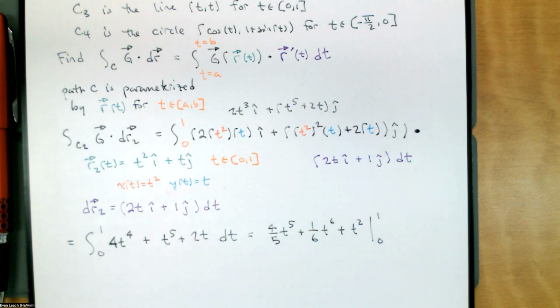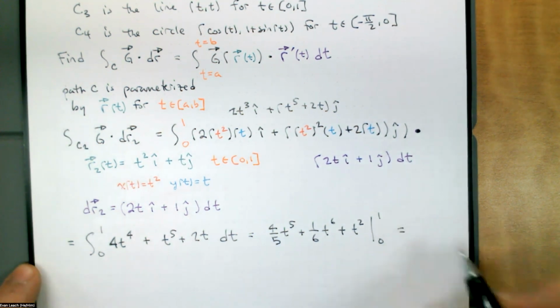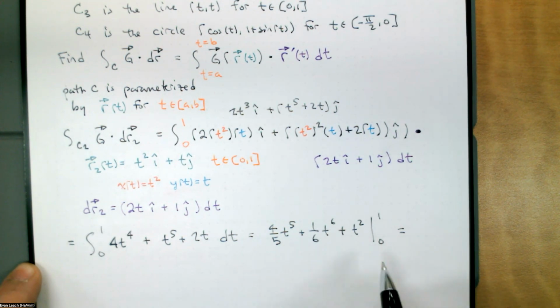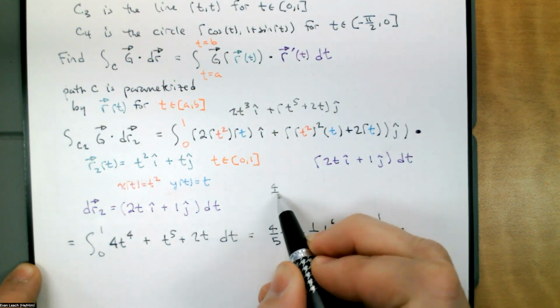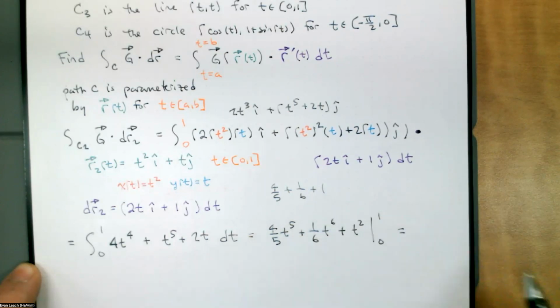Now you might be thinking, man, you really took it easy on yourself by integrating from 0 to 1. We always had that power. t going from 0 to 1, that was part of our choice in parameterizing the curve. So the way I took it easy on myself was making the starting point at 0, 0 and the ending point at 1. So I can easily plug in 1. I still got to add fractions, which is unpleasant, but I just got to do 4/5 plus 1/6 plus 1.